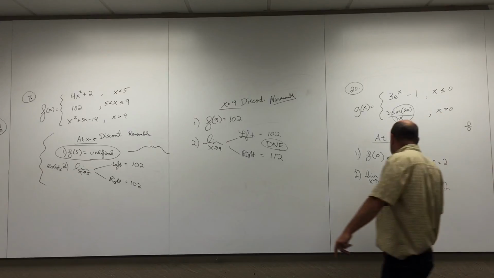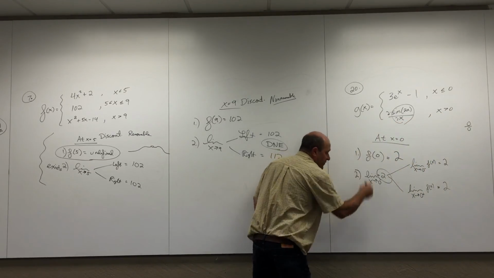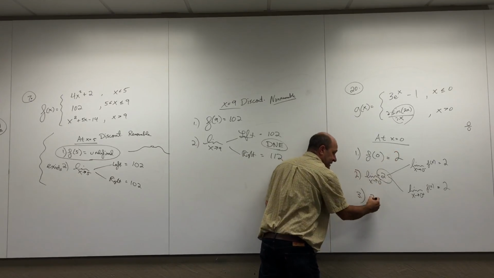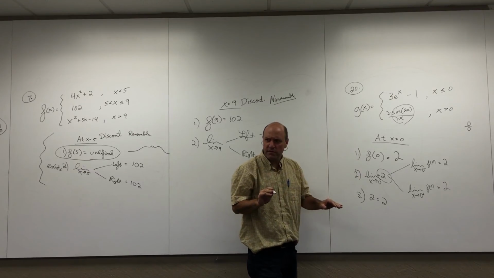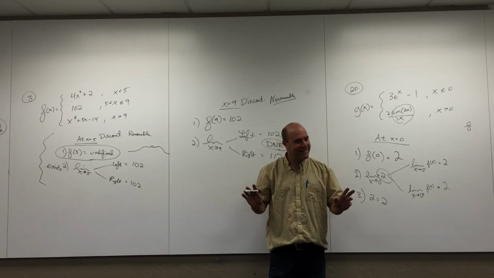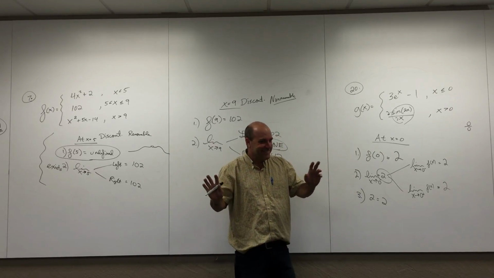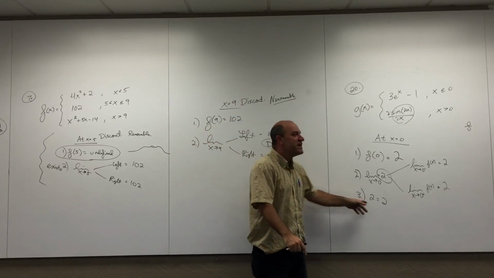So step 3. What's the answer to this limit? 2. Thank you, 2. Then step 3 says this better equal this. Well, it does. 2 equals 2. Wait a minute, does 2 really equal 2? Only on certain days. On Tuesday, yeah, 2 equals 2.